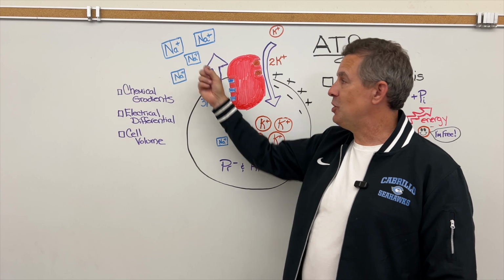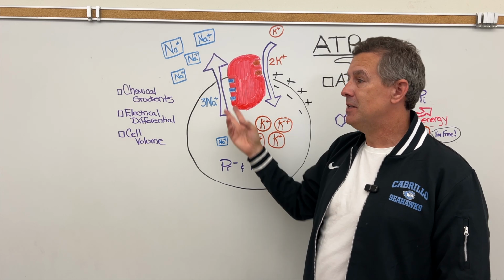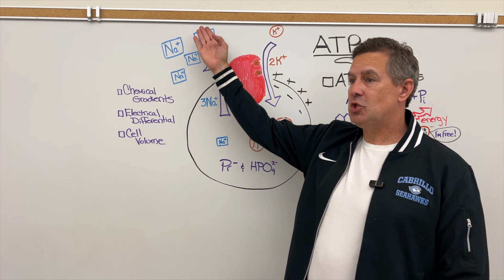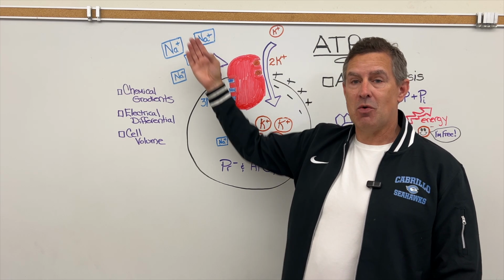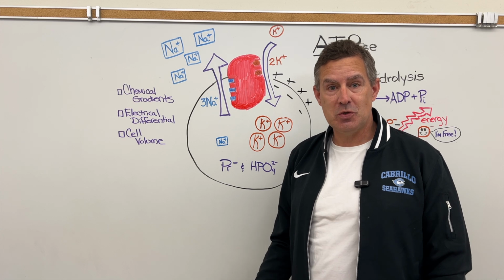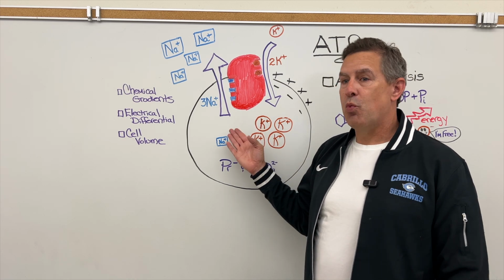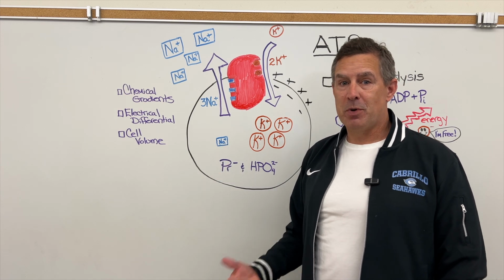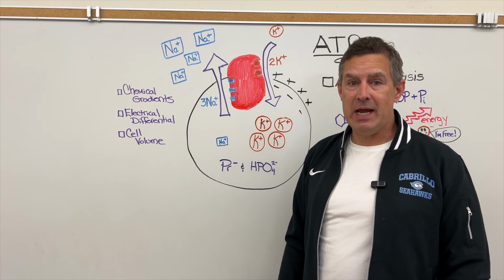And by continually pumping sodium out of the cell, we will get water chasing the sodium out of the cell. Water tends to chase solutes, so this will help maintain the cell volume. Specifically, it will prevent the cell from swelling with H2O.